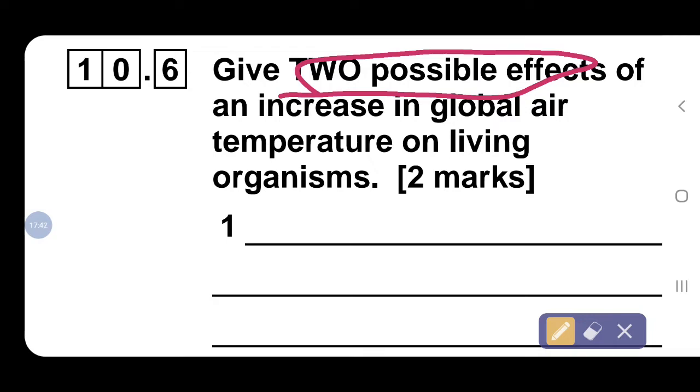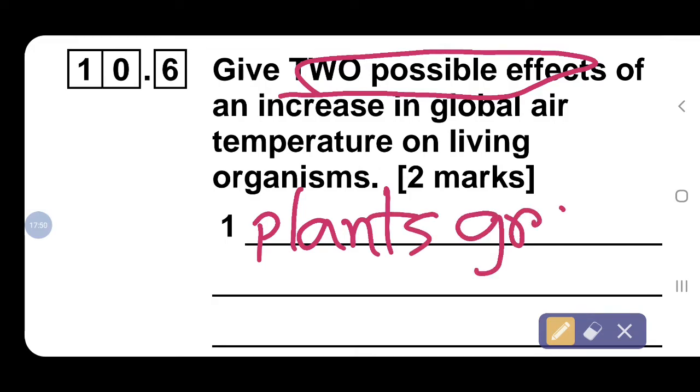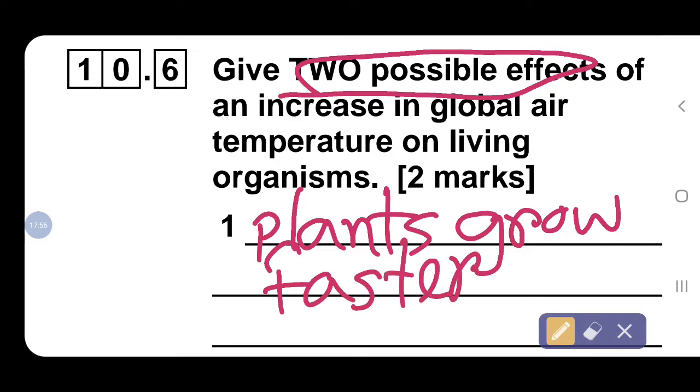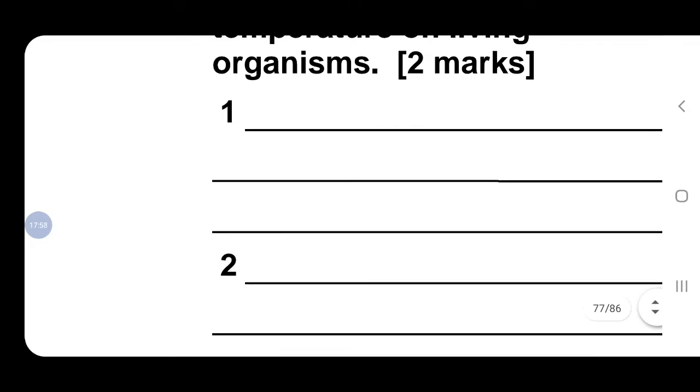So you can write here, plants grow faster. All right, plants grow faster. Or you can write here another, loss of habitat.